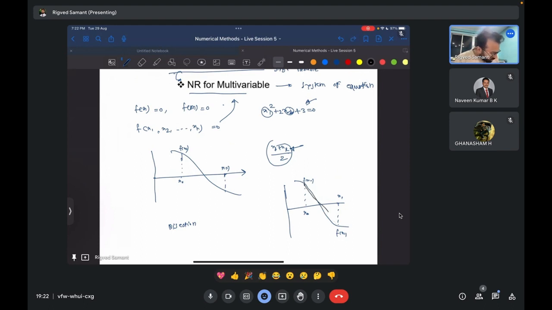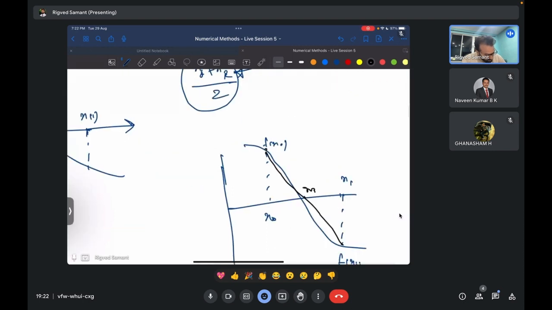Wherever it cuts the axis, you called it x3 and extended it down to get f of x3. Again, you decided this is on the left hand side, so you connected these two points, and on the right hand side, these two points. Now wherever it cuts, you solved.